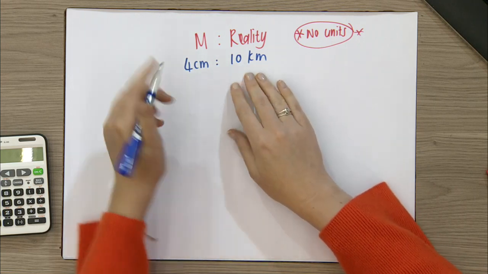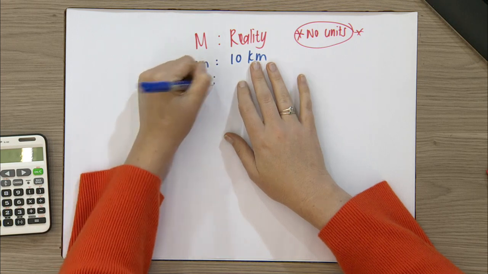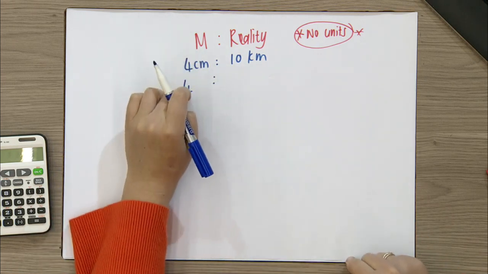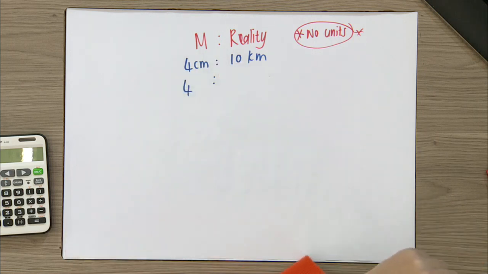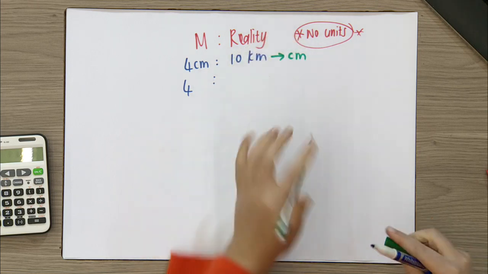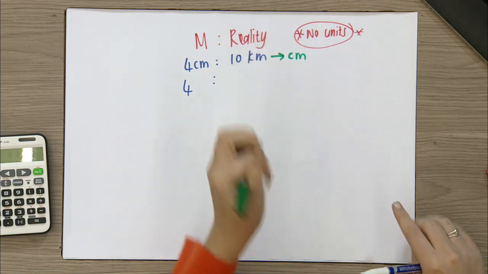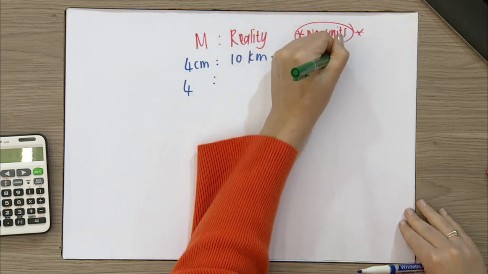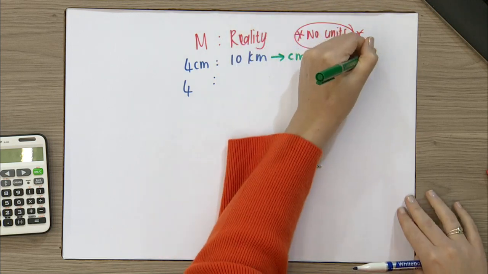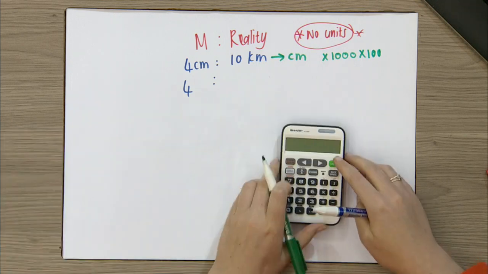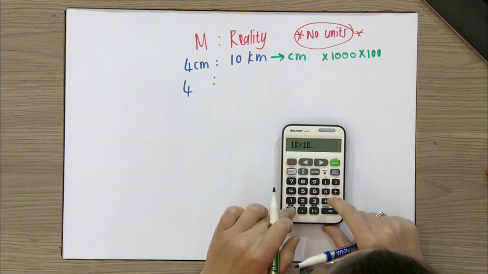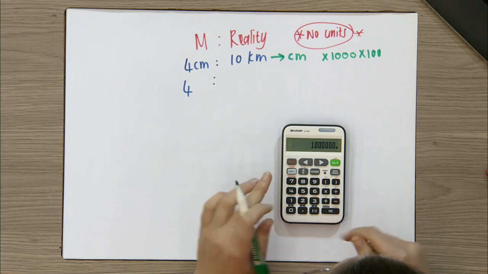I now need to say, if I'm going to rather work in centimeters, so the 4 stays the 4, but now I will need to convert this kilometer also into centimeters. So remember to go from kilometers to meters, I will multiply by 1,000, and then from meters to centimeters, I will multiply by 100, or you can just multiply by 100,000 from the get-go.